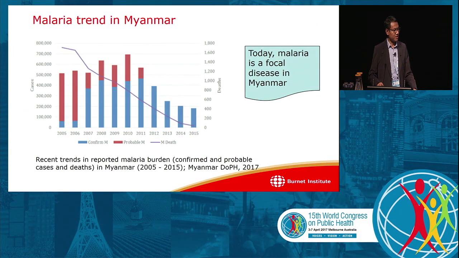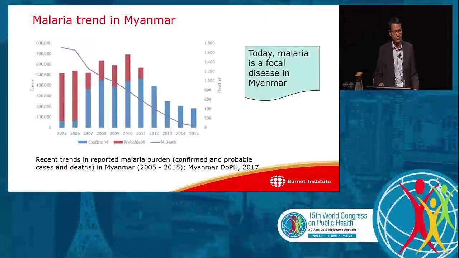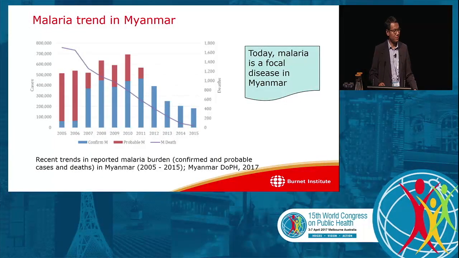If we see the malaria trend of Myanmar, it has been declining significantly year by year. If you see the blue bars, those are the confirmed malaria cases diagnosed by either RDT, microscopy, or PCR, but the major contribution is from RDT, because starting from the last decade, Myanmar has started using community health workers.